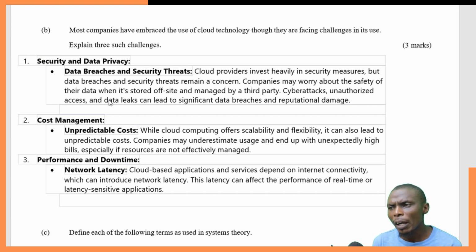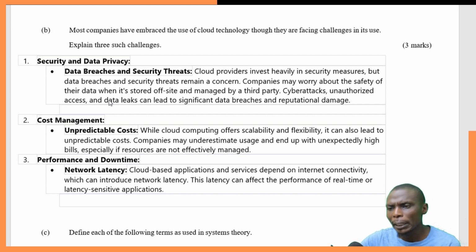These cloud providers, the organizations that provide cloud facilities, invest heavily in security measures, but data breaches and security threats will always remain a matter of concern, because some data being handled in the cloud are very sensitive, and the companies entrusted with such data cannot afford to give a breach to cyber attackers or unauthorized access, and they cannot afford to leak such data, because this can lead to significant data breaches and reputational damage to these companies.